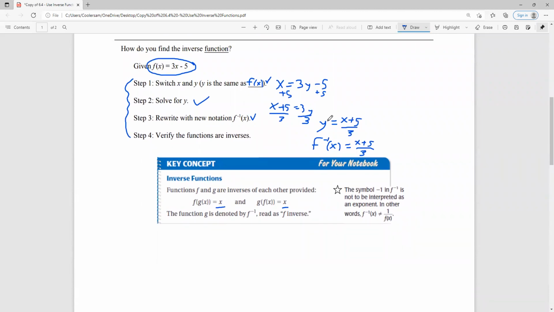So we're going to give that a shot right now. We have our function 3x minus 5, and we have our inverse function (x plus 5) over 3. So we're going to do two things.